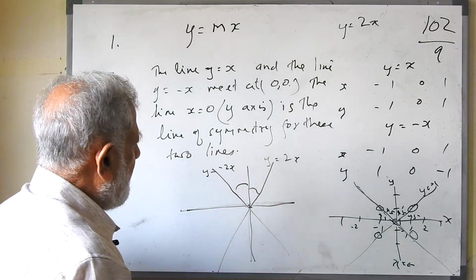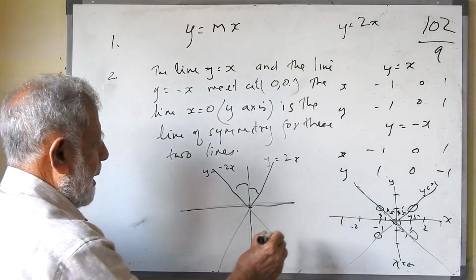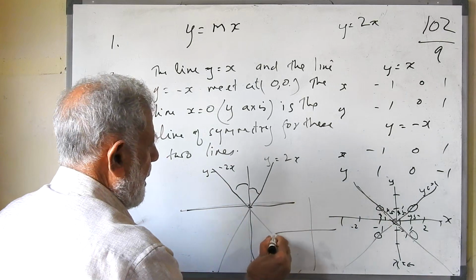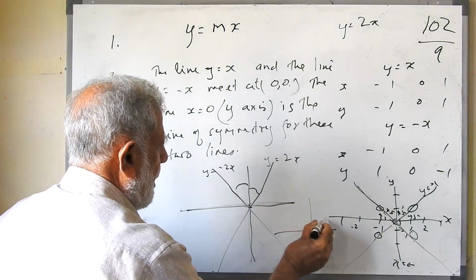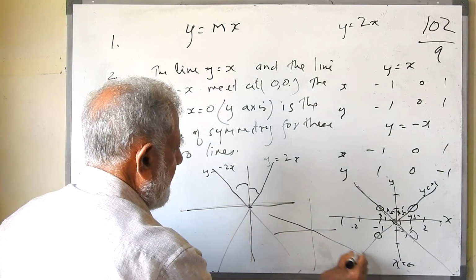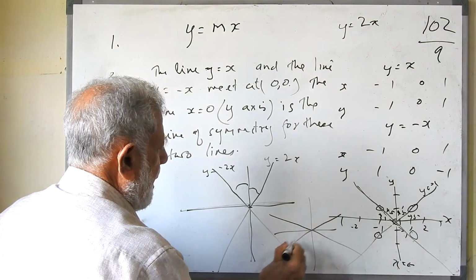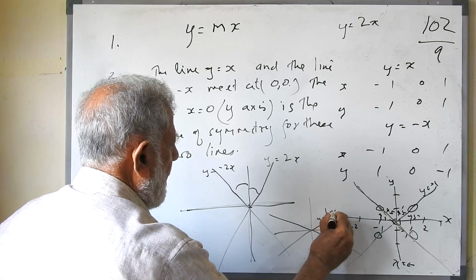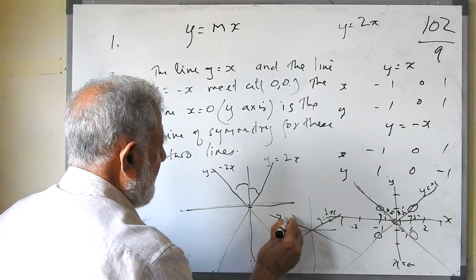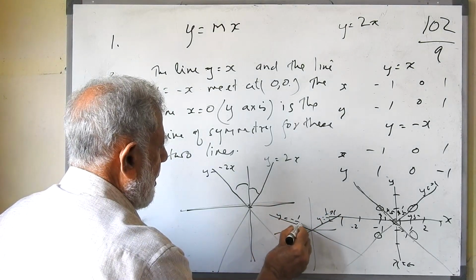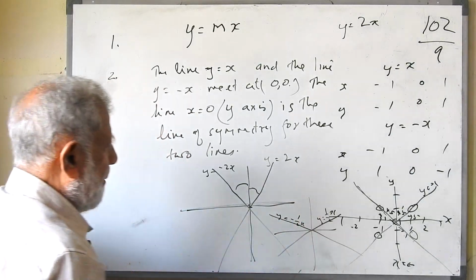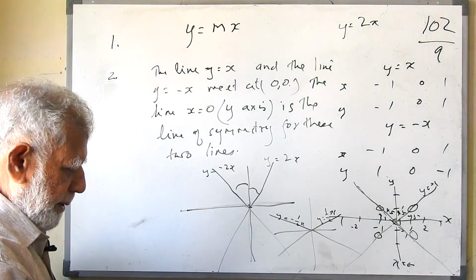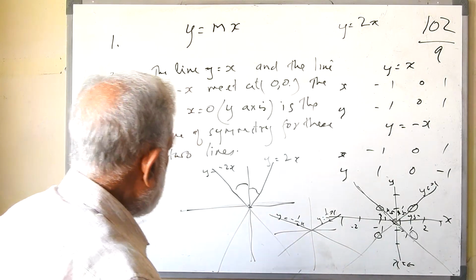It is the same in any graph you draw like that. Suppose you draw y is equal to half x and y is equal to minus half x. The line of symmetry will be the y-axis. That is point number 2.